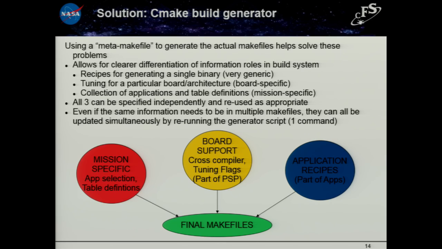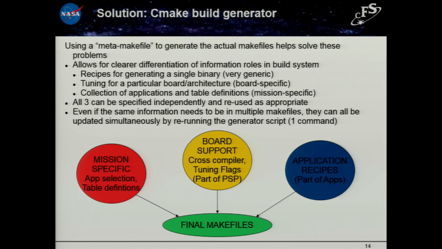Okay. So the solution is to use more of, think of it as a meta make file. CMake is a tool that's been out there for quite some time, and it's fairly mature. A lot of scientific projects actually use it. I run into it all the time with math libraries and machine learning libraries and that type of thing.